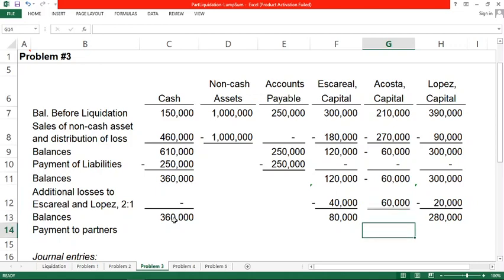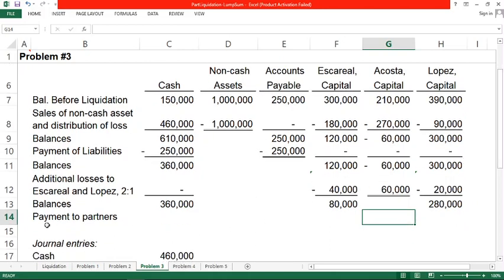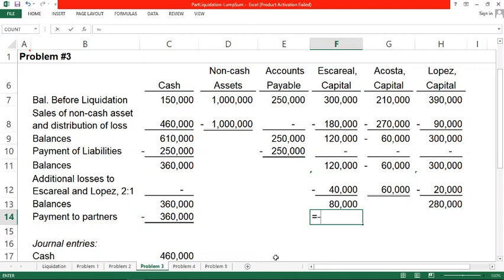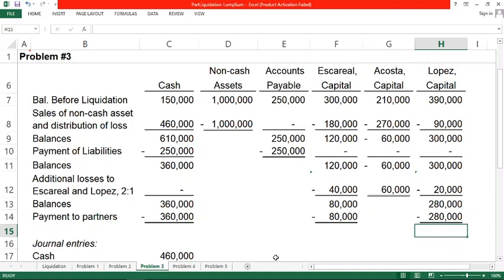Nag-offset na yung pagtapal ni Iscarial and ni Lopez sa negative niya. So, I think we're already good. Now, let us proceed to distribution of our remaining cash. Tama ba na 80 plus 280 is 360? Okay. So, there. The liquidation ended by giving 80,000 to Iscarial and 280,000 cash to Lopez.